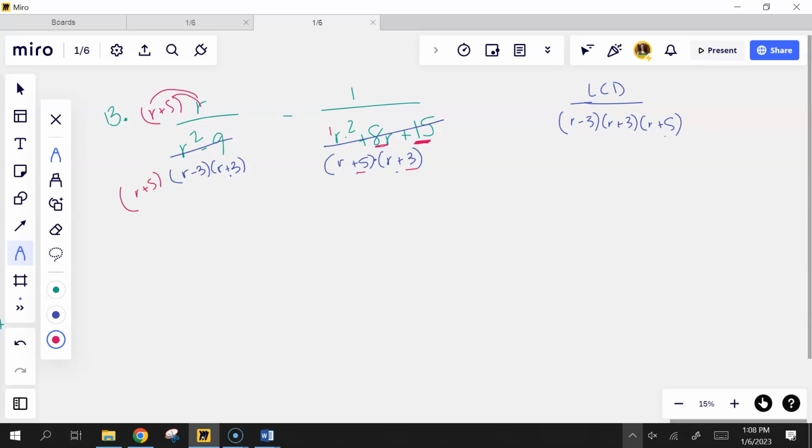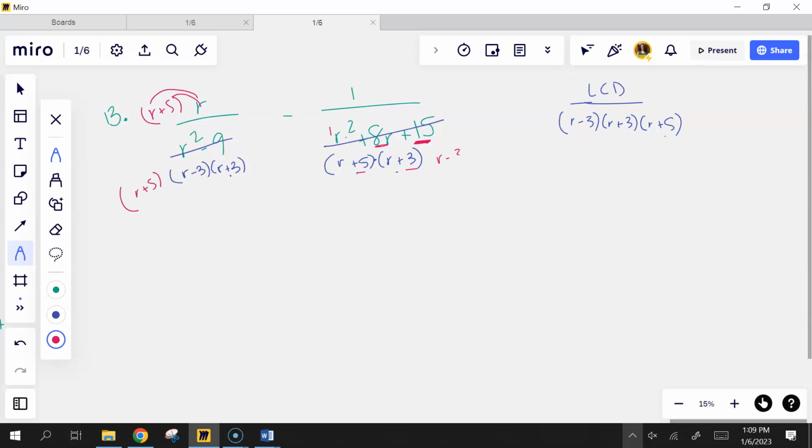If it was r plus 1, you'd FOIL it. Yep. Why? Because I'm going to work with the numerators. I'm going to leave the denominators alone. So what does this one need?